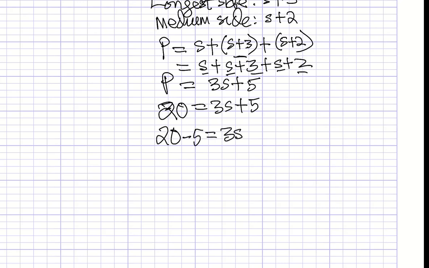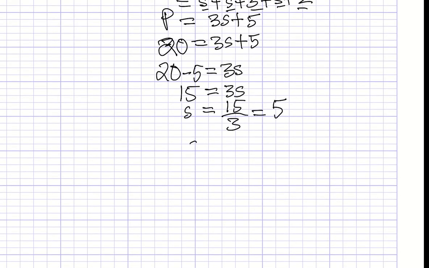I just moved the 5 to the other side, so that's 15 equals 3S. You get rid of the 3, you get S equals 15 over 3, and that's 5. So the shortest side is 5.